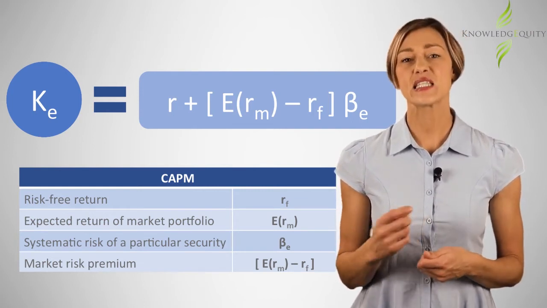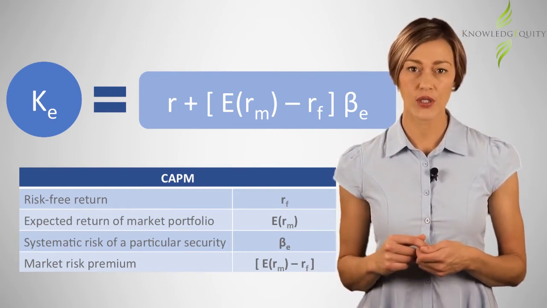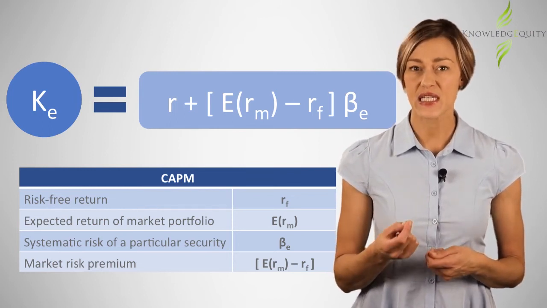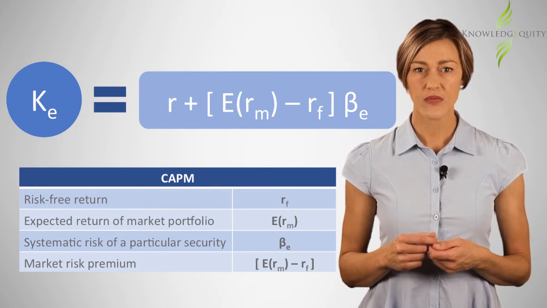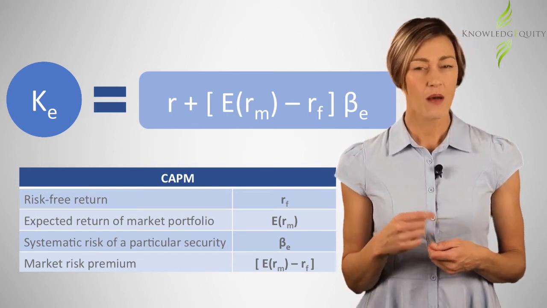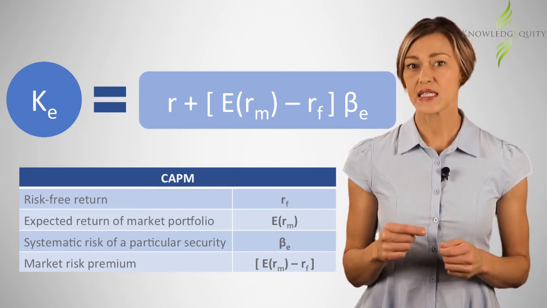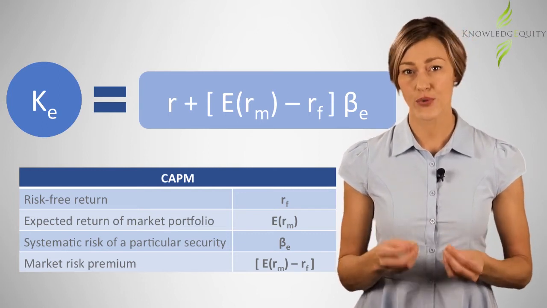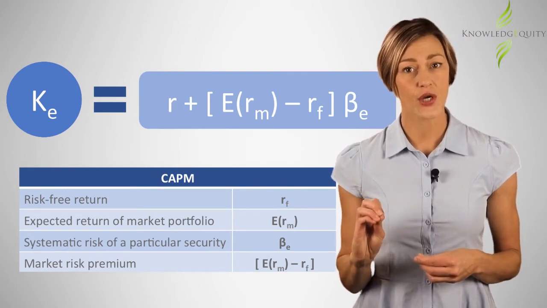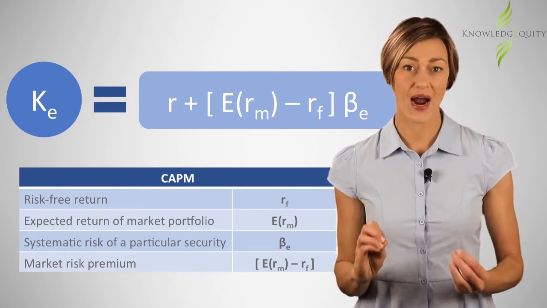ERM is the expected return of the market portfolio, and beta is the systematic risk of a particular security. It is also worth noting that ERM minus RF is the expected market risk premium. That is, the differential between the market return and the risk-free rate.